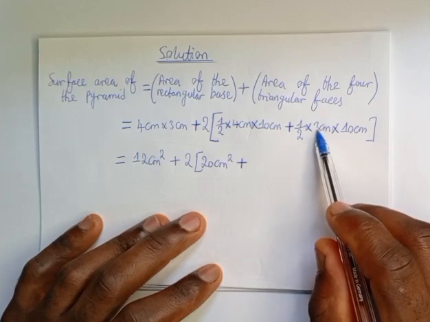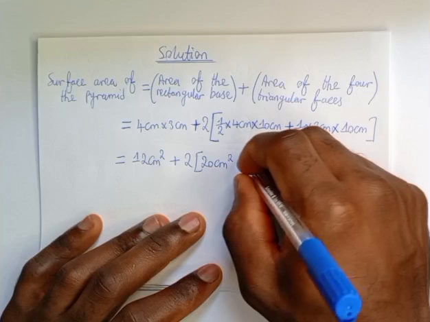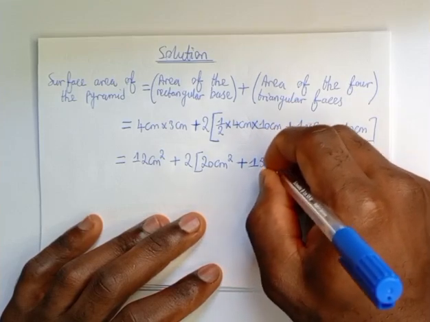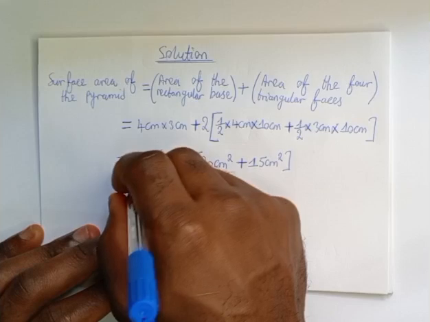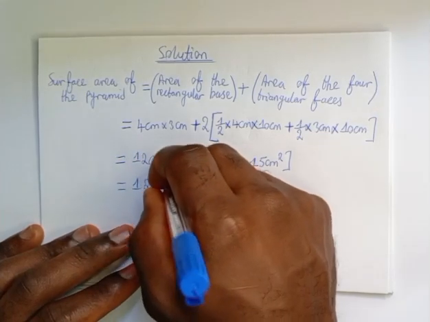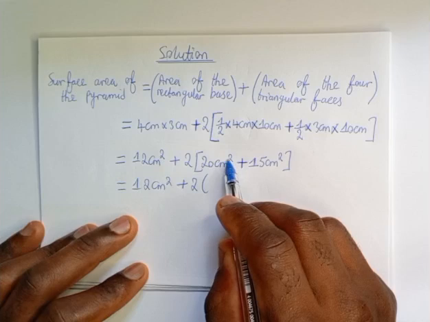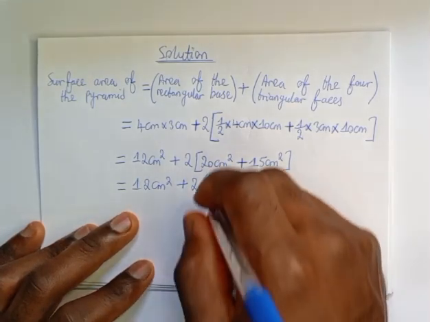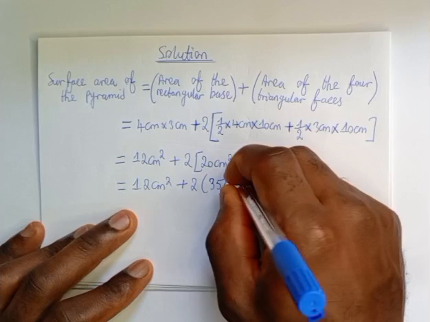We'll be left with 3 centimeters times 5 centimeters, which is 15 centimeters squared. This will be equal to 12 centimeters squared plus 2 times 20 centimeters squared plus 15 centimeters squared gives us 35 centimeters squared.